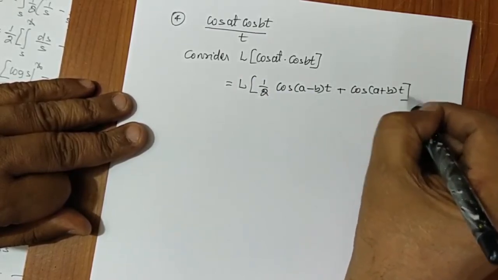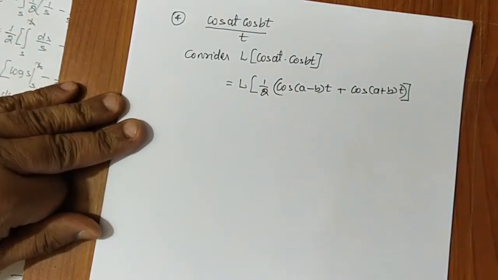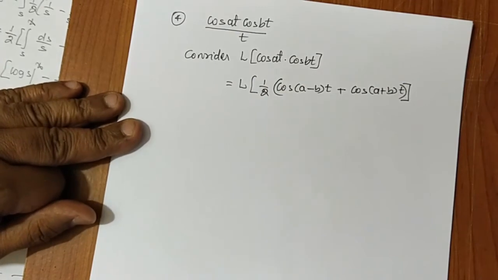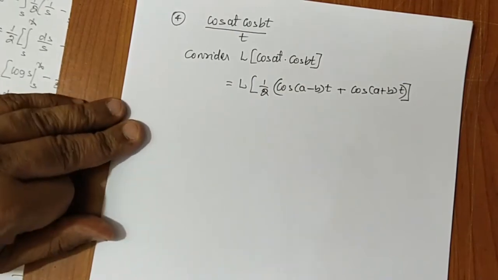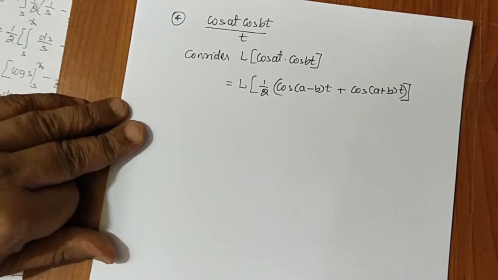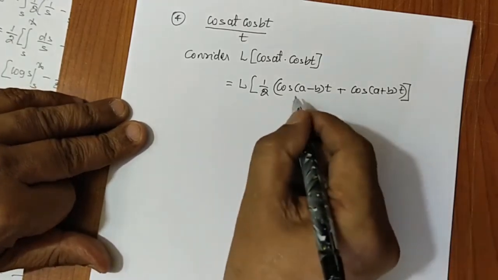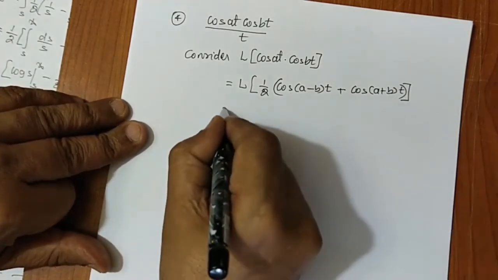And this is the property of the cos A cos B formula. Cos A cos B is half of cos A plus B plus cos A minus B. Sin A sin B is half of cos of A minus B minus cos of A plus B. This we have discussed in one of the earlier classes also. So this will be what?